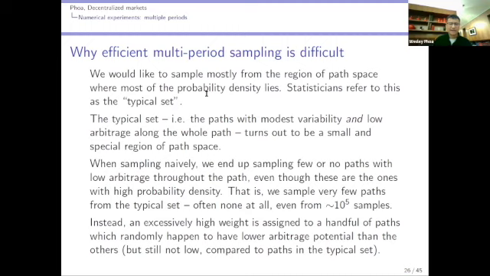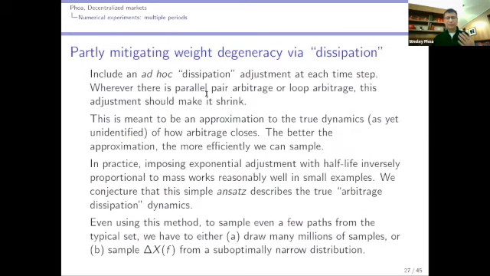And instead, you sample a couple of paths which happen to have lower arbitrage than the others, and then all the others have weights that are orders of magnitude less than those, and then you've got a very high weight on just a handful of paths. I'll show you a chart in a second. So that's classic. That problem in the Monte Carlo literature is called weight degeneracy, and it's an annoying problem.